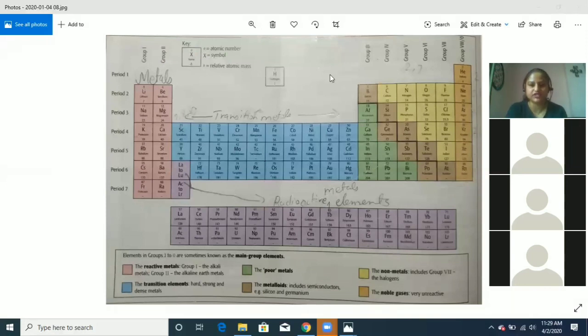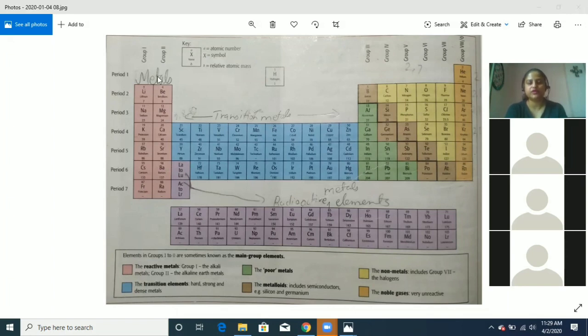And the transition metals, these 21 to 30, 39 to 48, 57 to 80, only the intro part of the elements kept below the periodic table.